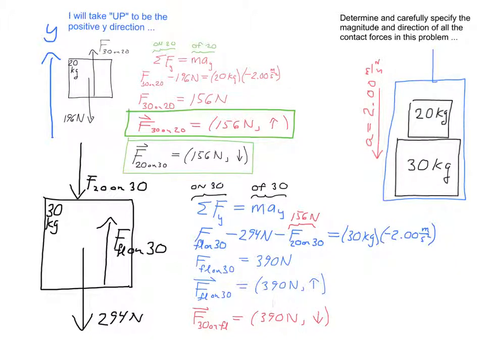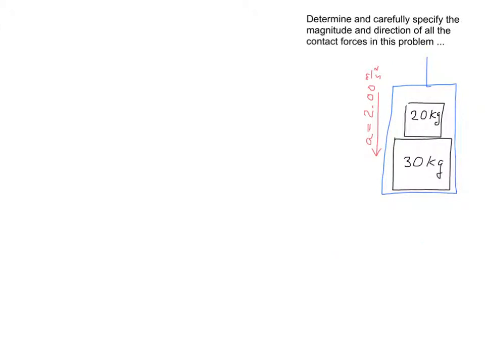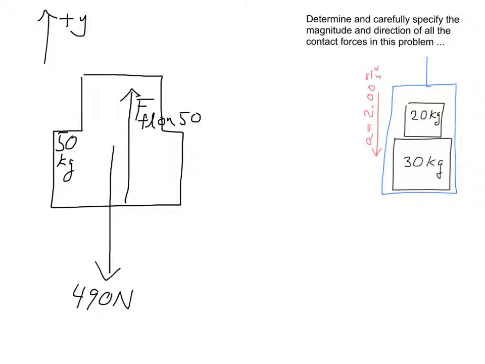So here's a free body diagram of the 50 kilogram entity. We've got 490 newtons of gravity acting downward. That's 50 kilograms for this whole entity times g.